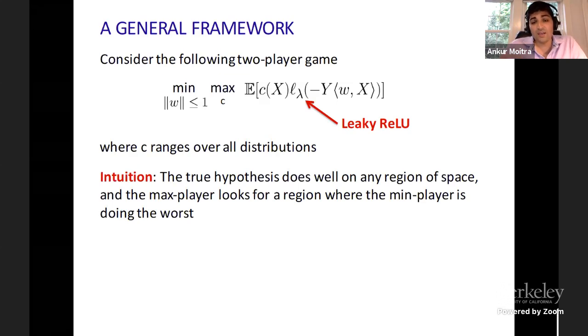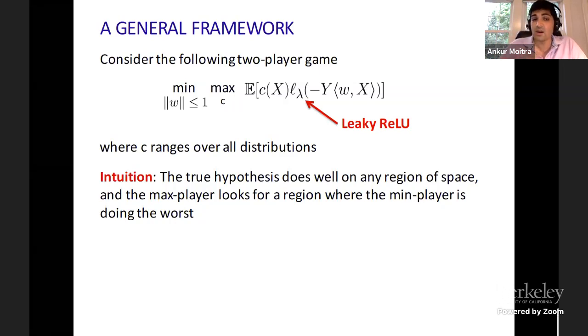So the idea is that if you think about this Massart noise model, the true hypothesis W is not only good in terms of 0-1 loss, but it also has the property that even if you restrict to any part of space, it still does well. That's because the errors that the adversary has added are randomly scattered over space.